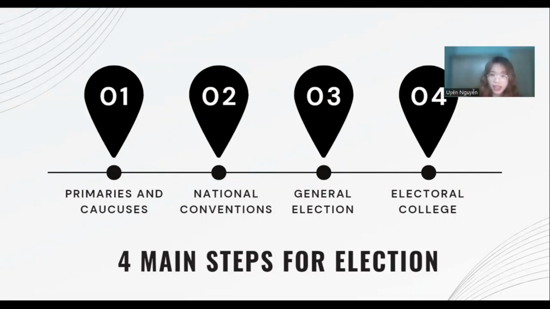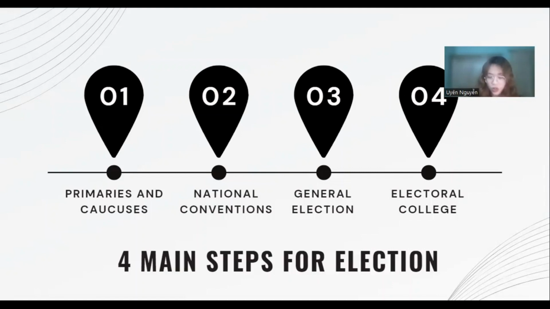And the last step, we move to the electoral college. The electoral college is a process in which electors or representatives from each state, in number proportional to the state population, cast their vote and determine who will be president. Each state gets a certain number of electors based on its representation in Congress.